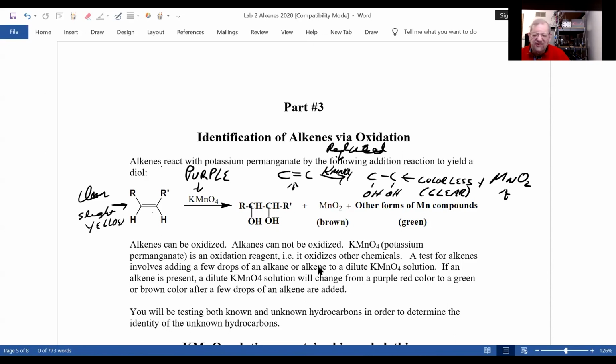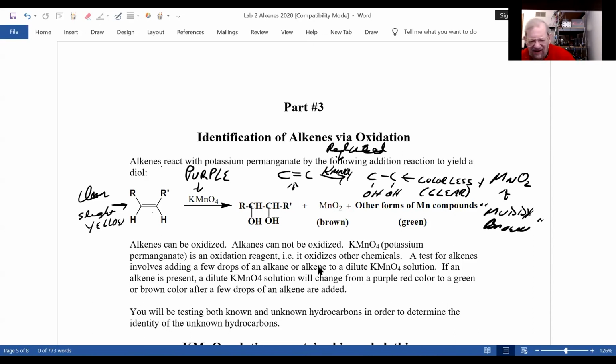And if you see this, it has what I call a muddy brown color. And if you go to parts of the United States where they have a sort of brownish dirt and you put a little water in there, that's what manganese dioxide looks like.